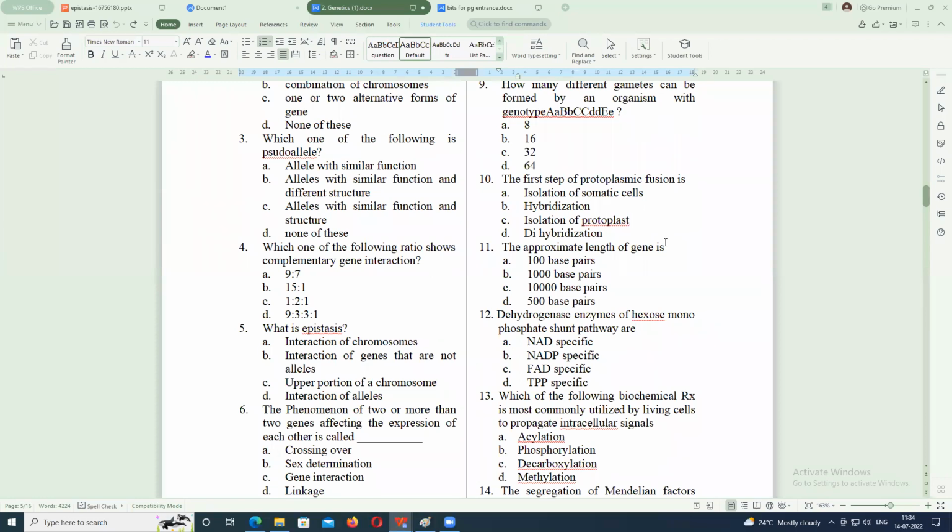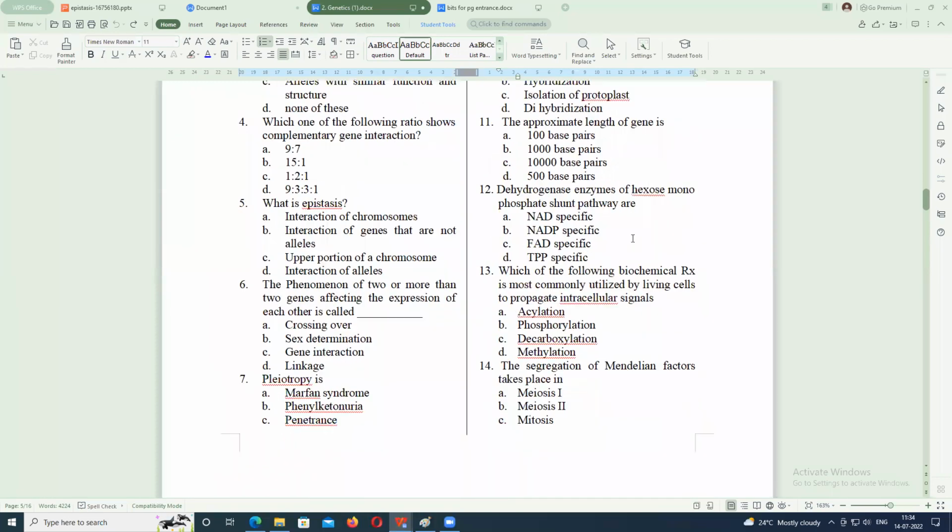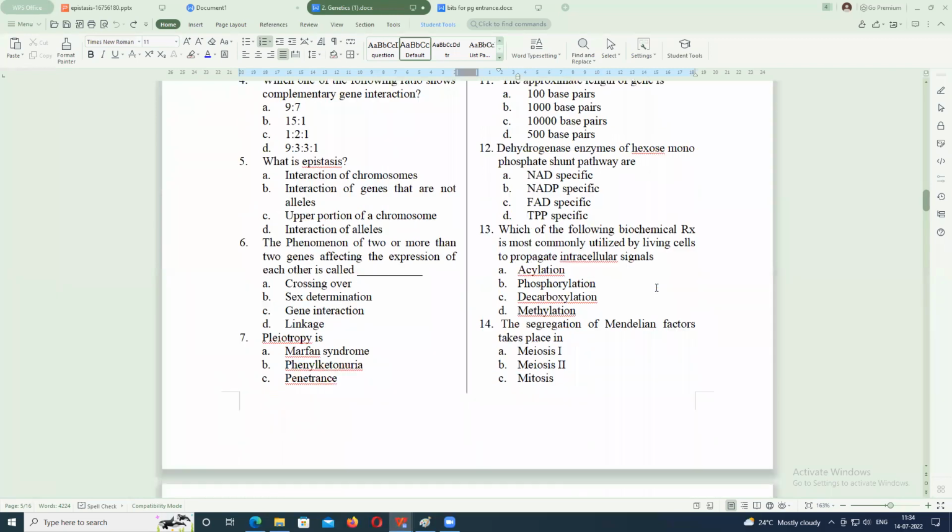Remember this. In the HMP shunt pathway, the dehydrogenase enzymes are mostly NADP specific. This is not relevant to this topic, but even then we can remember it. Just remember, HMP shunt has NADP specific dehydrogenases.